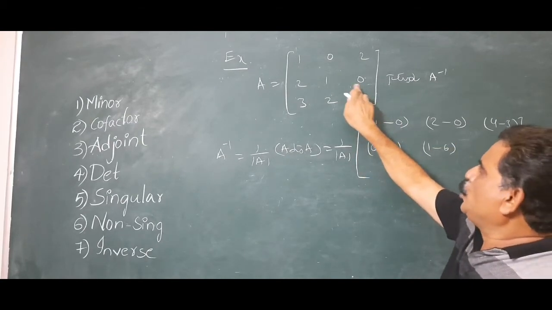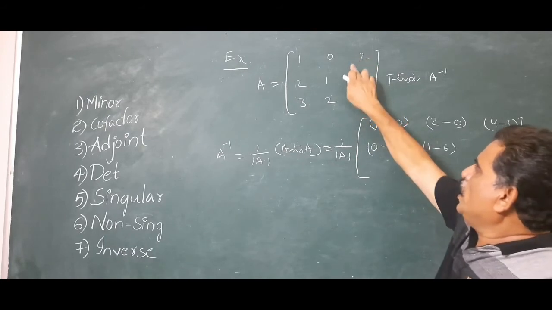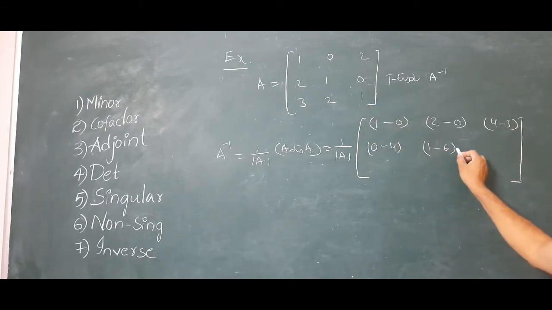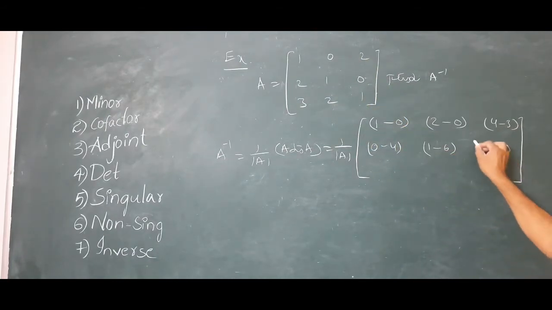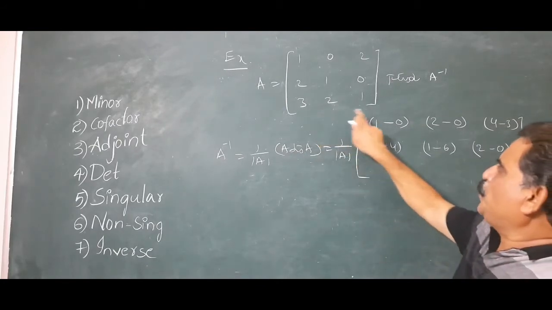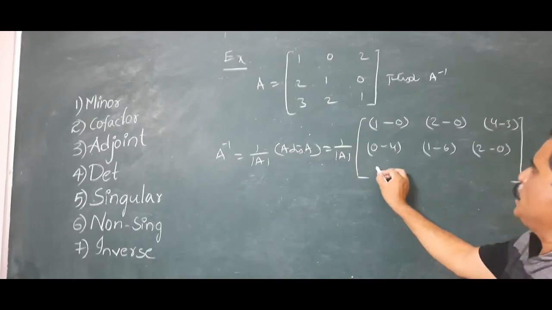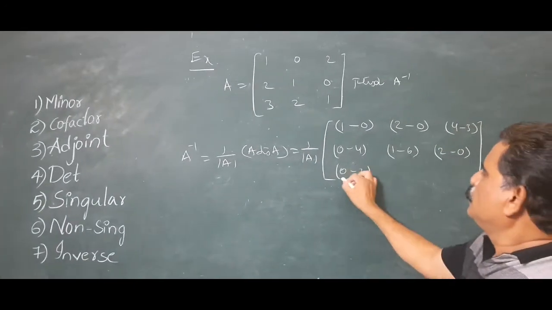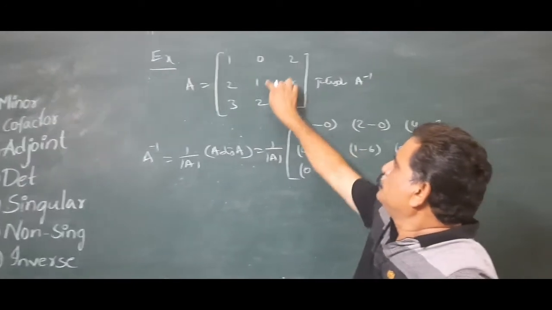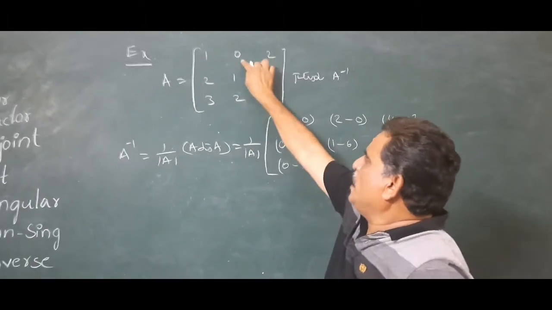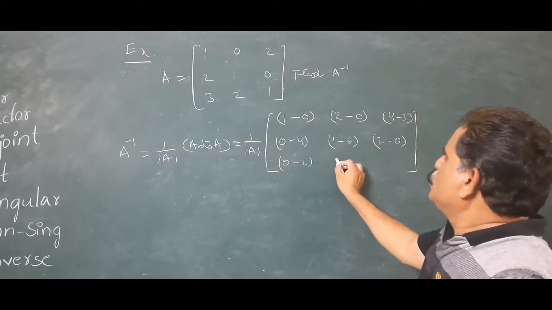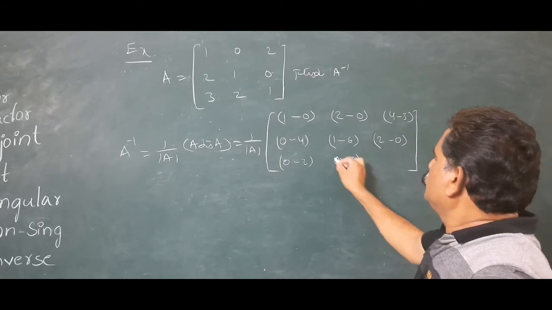Next, minor of 0, second row and third column eliminated, that is 2 minus 0. Minor of 3, third row, first column eliminated, that is 0 minus 2. Minor of 2, eliminate third row and second column, that is 0 minus 4.